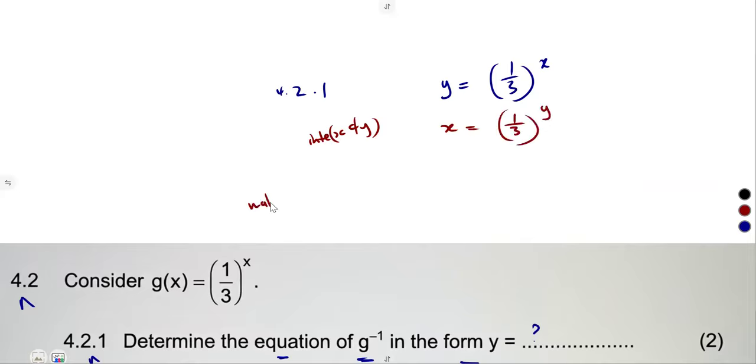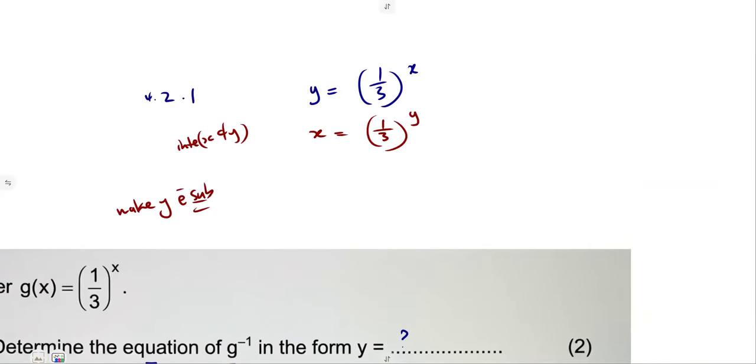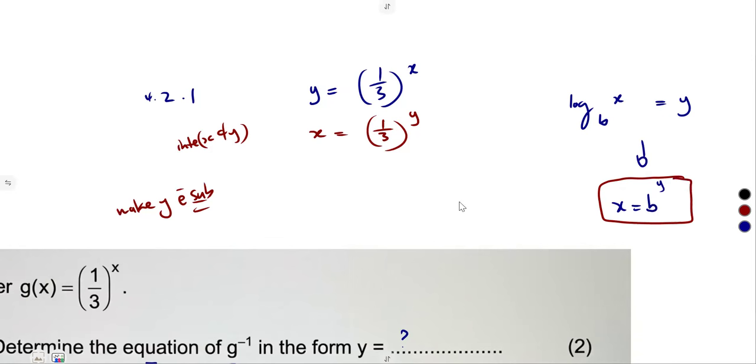Then we make y the subject. From which concept? Because there's an exponent there. Remember the concept from the logarithm of x in the base of b equal to y. It follows that this x can be written as b to the exponent of y, the base to the exponent of y. As we have got this condition, x is equal to this.